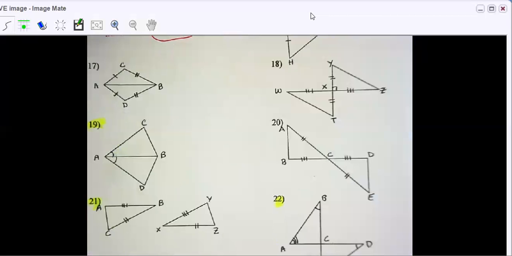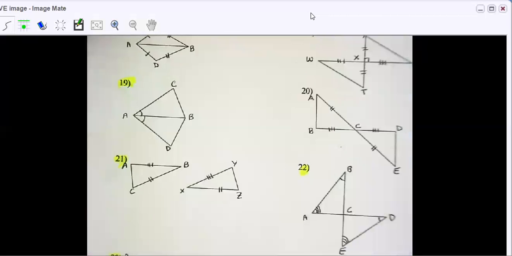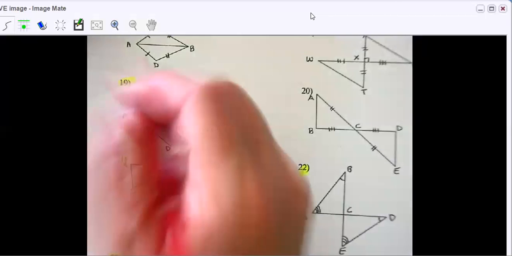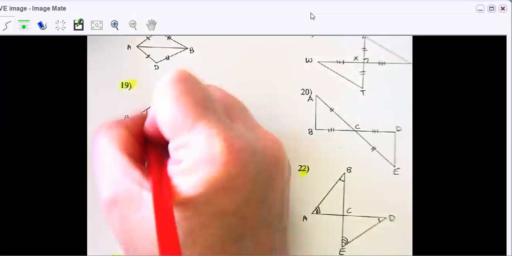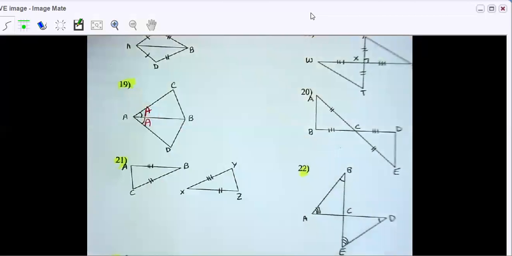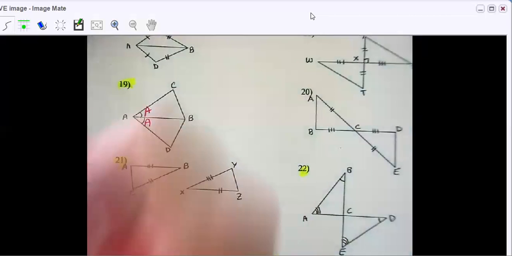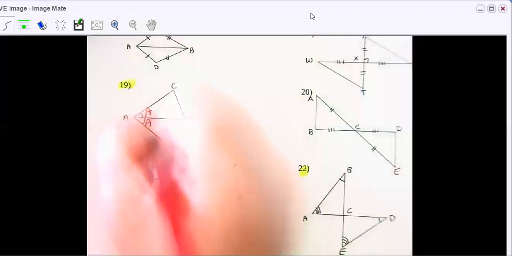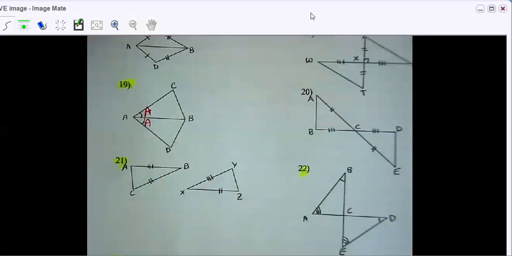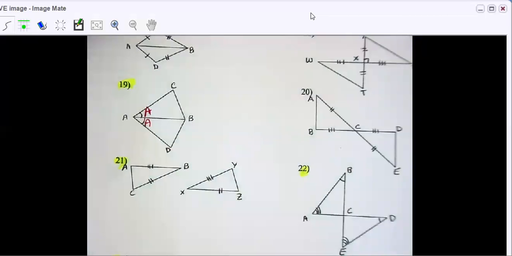Let's look at number 19. So labeling what we have, an angle here and an angle there. That doesn't give me very much to go on. I need 3 pieces of information and they only gave me 1. Do they have vertical angles or a common side that I can label? Don't they have a common side? They do.